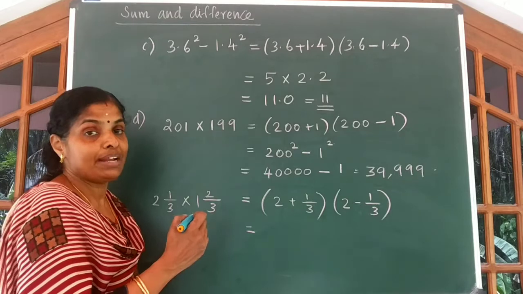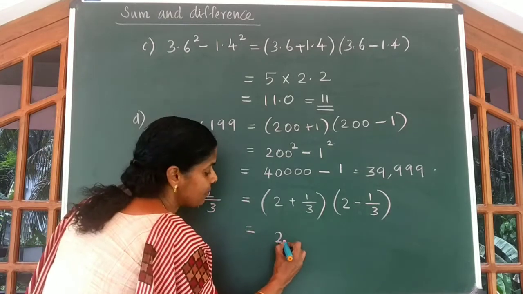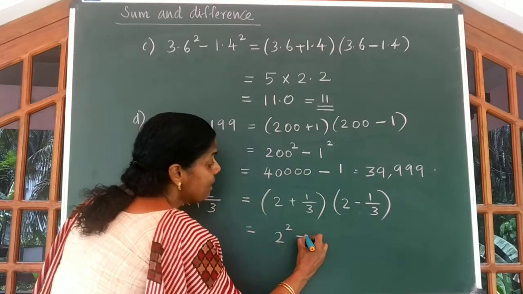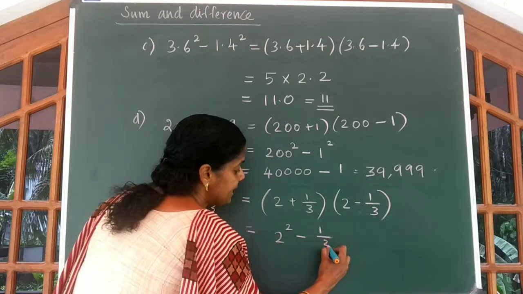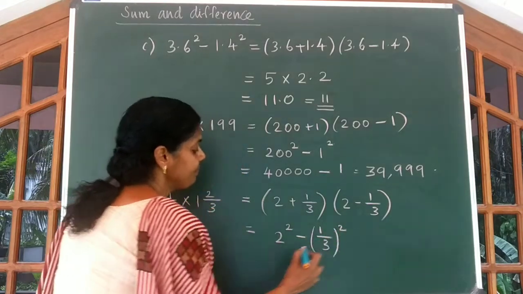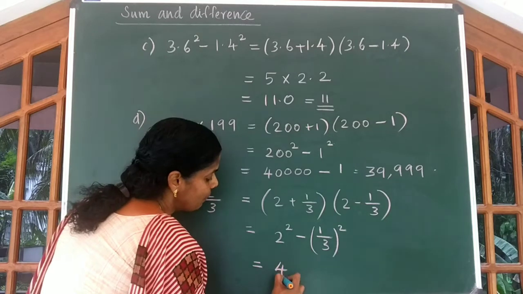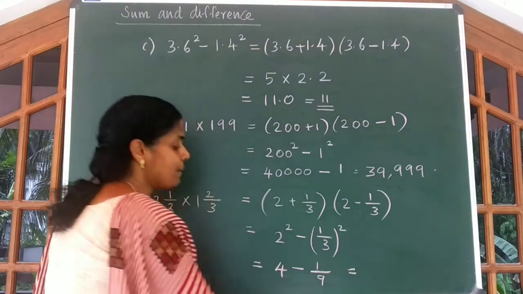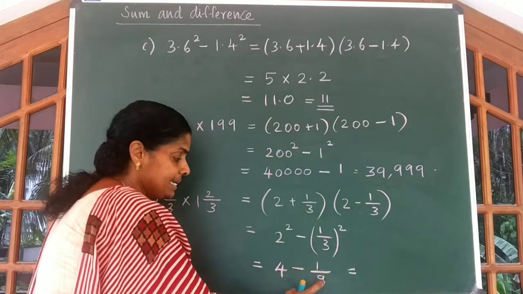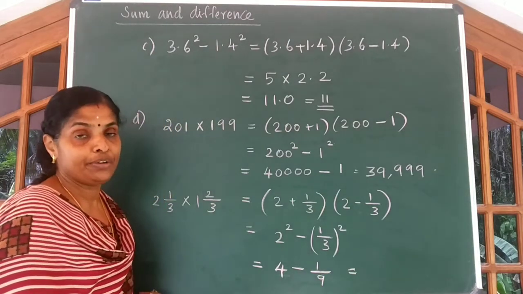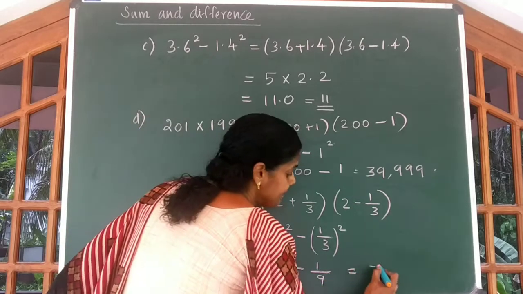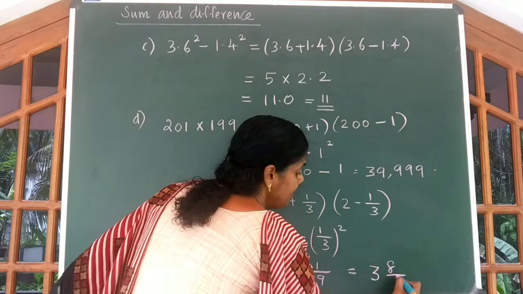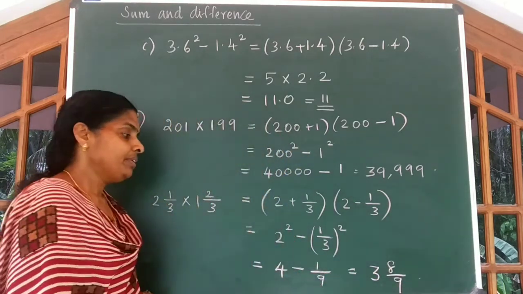When you use our identity, you get a squared, that is 2 squared minus (1/3) the whole squared. That gives you 4 minus 1/9. When you subtract 4 minus 1/9, what do you get? You get 3 8/9. Do you understand?